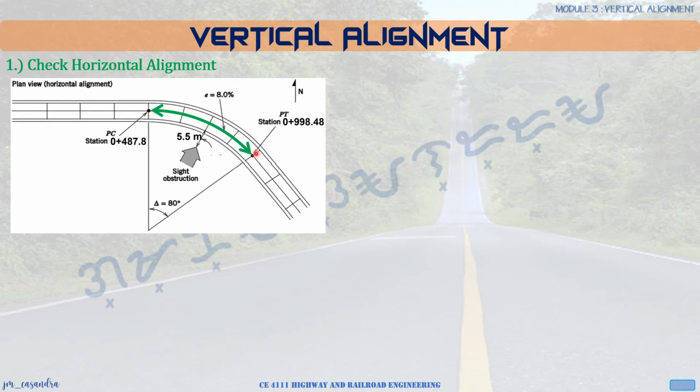So from here, we'll be able to get now the length of the curve by simply subtracting the station of PT and the station of PC. So that will give us the length of curve, which is 510.68 meters.